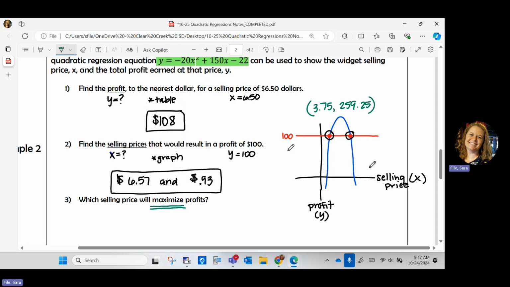So it says, what is the selling price? Is X or Y the selling price? X is the selling price. Y is the profit. So when Y is the highest, up here, that's your Y, that's your X. So the selling price of the item is $3.75.